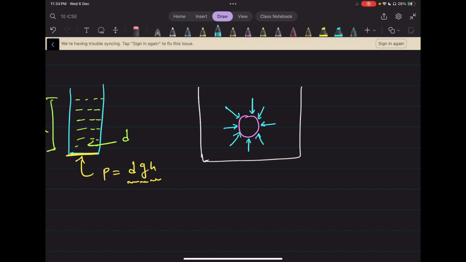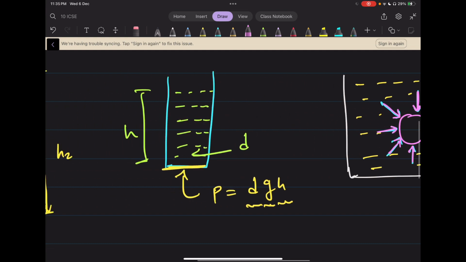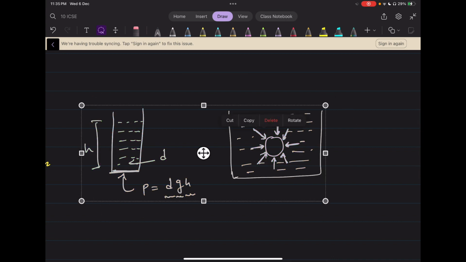The reason is that pressure is equal to perpendicular force divided by area, and this force exerted on the object by the fluid is due to fluid pressure, and that will always be perpendicular to any surface immersed in a fluid. We will remember these two concepts for deriving the formula of buoyant force. Let's move ahead.